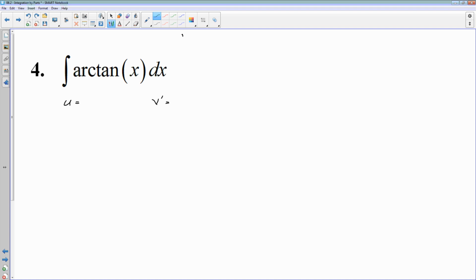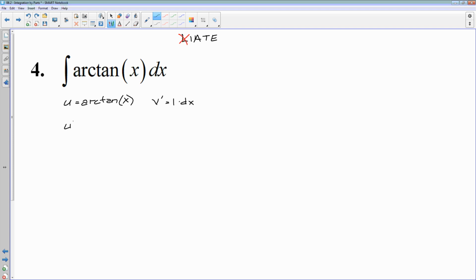And remember, LIATE, L-I-A-T-E, there is no log function here, but there is inverse trig. So I'm going to let the arctan be my u, which means, well, that's gone. The only thing left is dx. So dx, or you could, if you want to, say 1 times dx is my v prime.